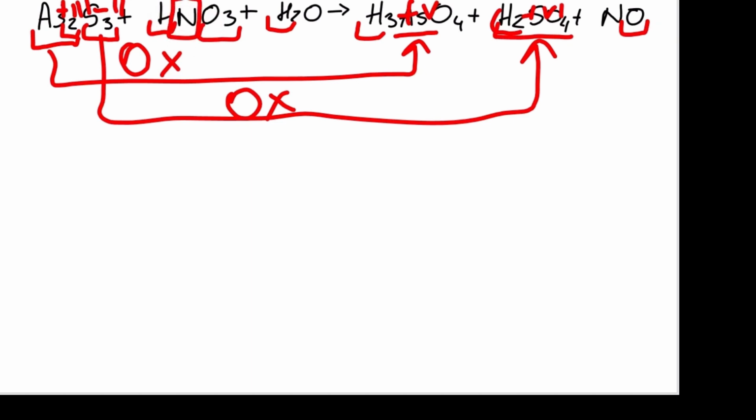In nitric acid, the nitrogen oxidation state is equal to +5. Where do we have nitrogen in the products? Here, in the nitrogen oxide. In nitrogen oxide, the oxidation state of nitrogen is equal to +2 because the oxidation state of oxygen is equal to -2.